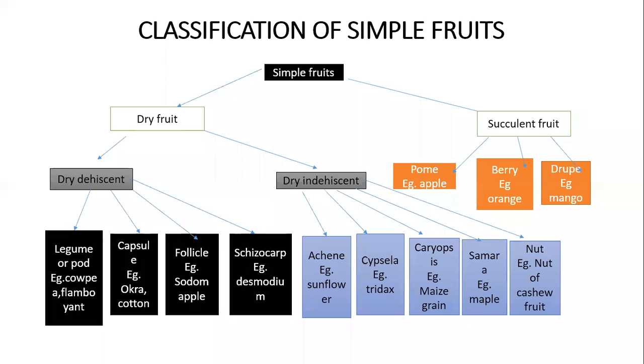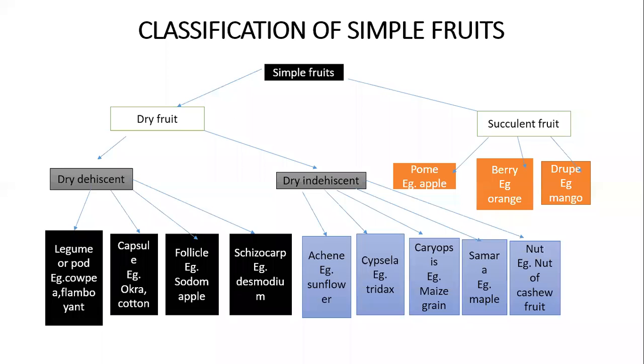The next one, samara. Now the samara is similar to the achene, but it has a prominent structure that has projected into something like a parachute-like, a wing-like structure. Let me put it that way. The calyx there has persisted to form a wing-like structure.